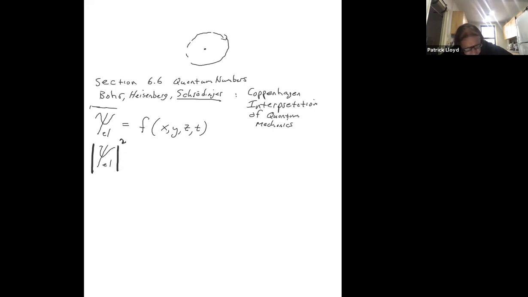and we square it, this gives us the intensity of a wave. Notice I got rid of the equal sign, I'm just doing proportional to. It's giving us, in a sense, the intensity of the wave, which we are going to interpret as the probability of the wave at a particular position in space.